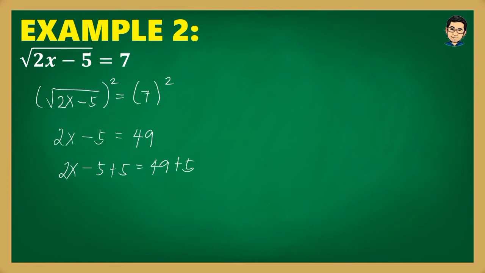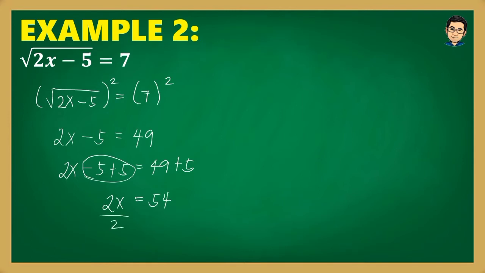To remove the negative 5 on the left side, we move it to the right side. When we transfer a term, remember that the sign must change: from negative it becomes positive. Negative 5 plus 5 is 0, so only 2x remains, equal to the sum of 49 and 5, which is 54.